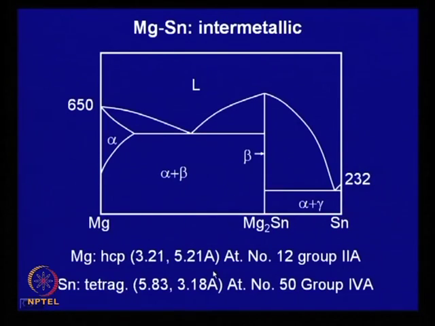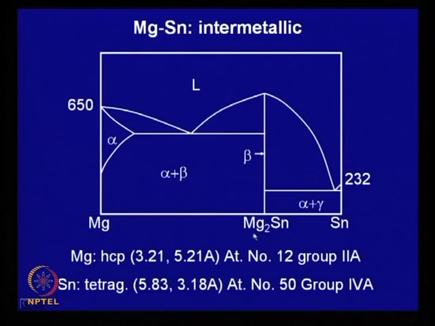Now, another example which is given here is magnesium tin. It also forms a compound, and this compound, look at this, is Mg2Sn. Sn means tin, which belongs to group 4, its valency is 4, Mg belongs to group 2 and its valency is 2.